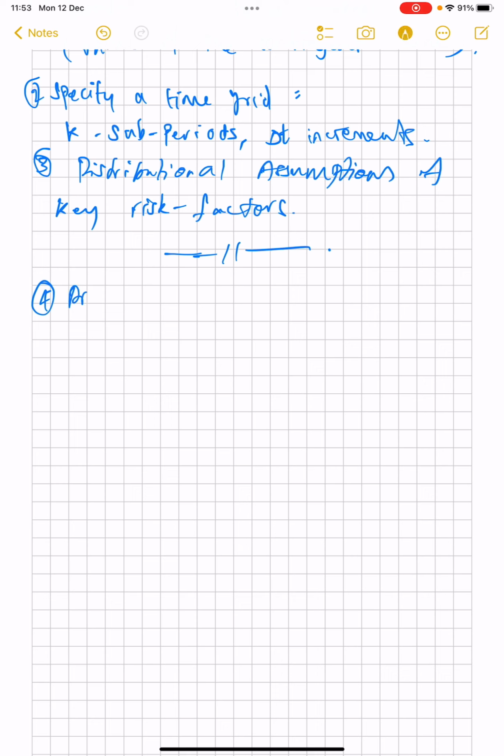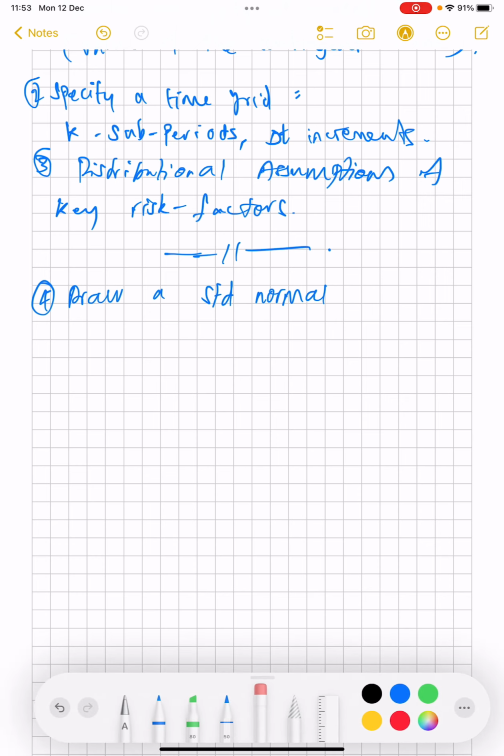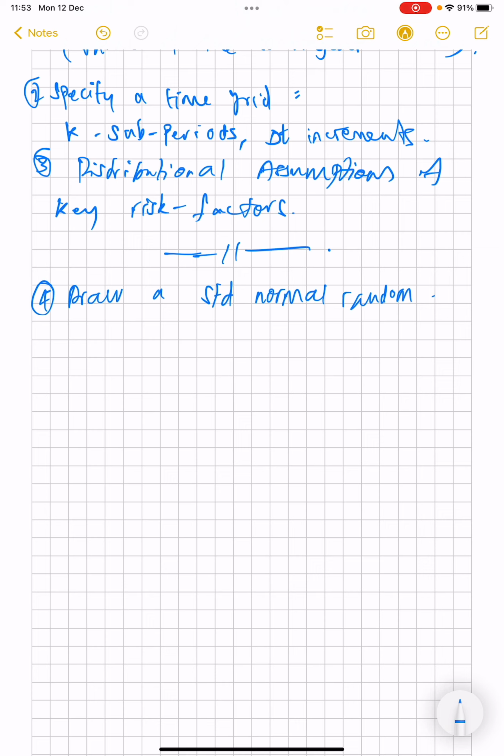You want to draw standard normal random numbers for each key risk factor over each of the K subperiods.